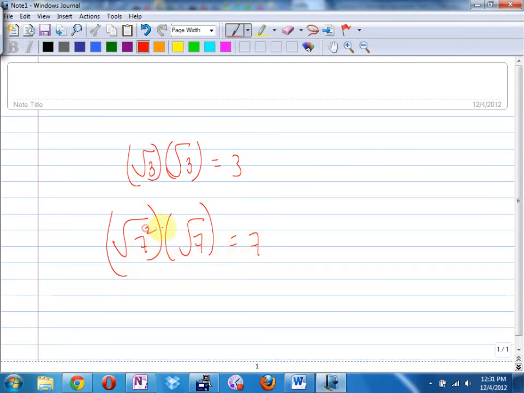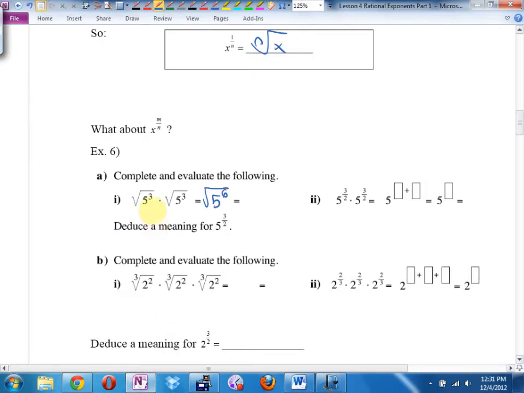What about if I had root 7 squared times root 7 squared? What if I had root 5 cubed times root 5 cubed? Another way to think about it is just that. Then it says, deduce a meaning for 5 to the 3. We'll come back to that.